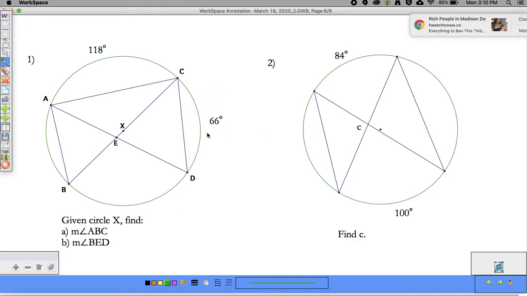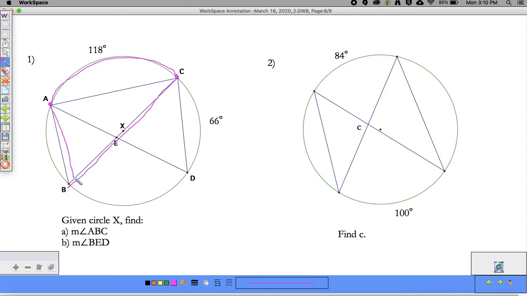But these problems are going to keep getting a little more complicated as we go along. So what I want to do first is, you see how I have this arc here that is 118 degrees. So I'm looking at that arc. I highlight my two endpoints, and then I follow the chord down. I don't like how I drew that, so of course I have to get my little eraser because it's a little sloppy.